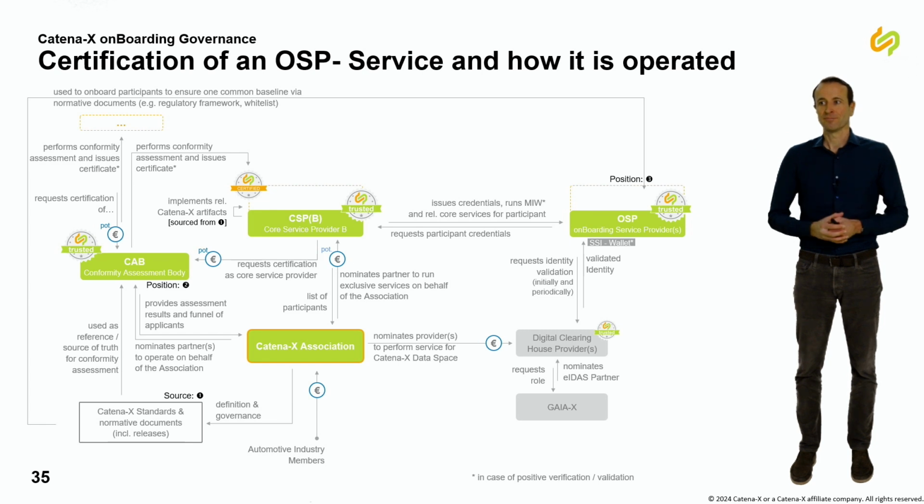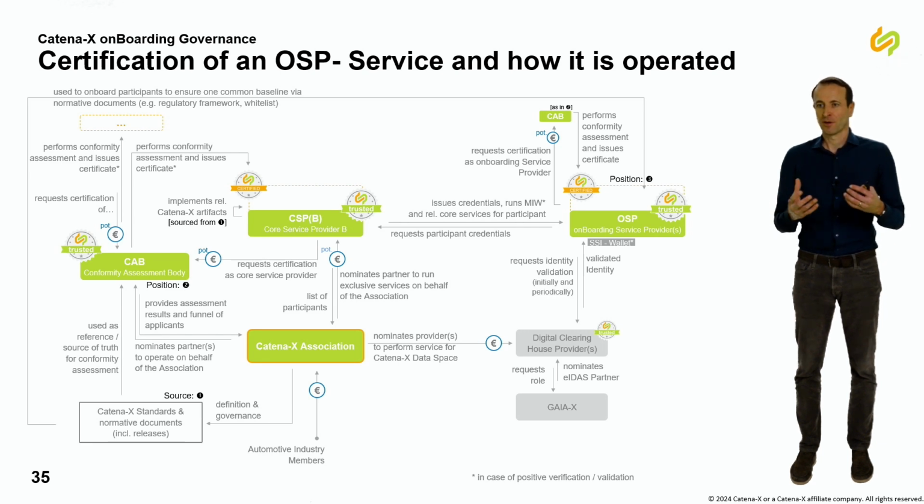Now the next step is, who says that an OSP is also a certified partner? So again, an OSP has to be somehow certified. As we saw with the CSPB, they take the relevant documents from the Catena standards.